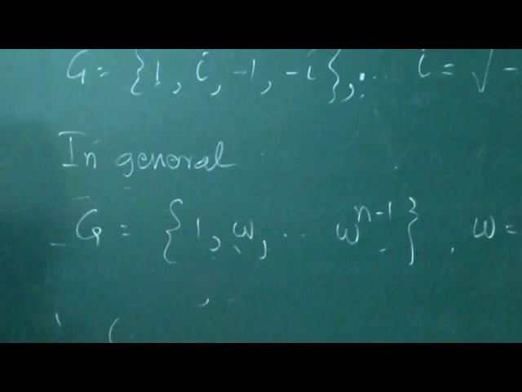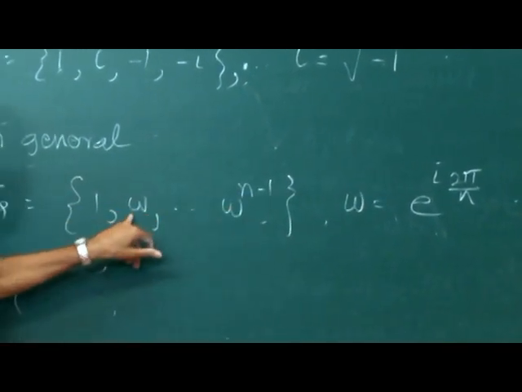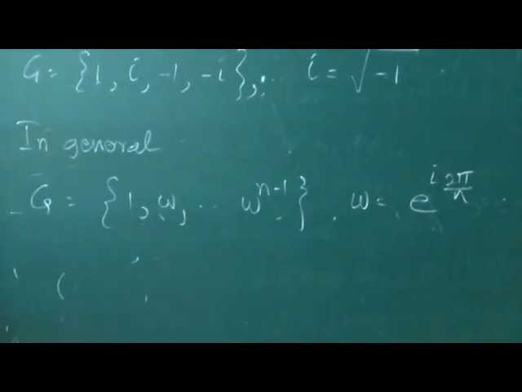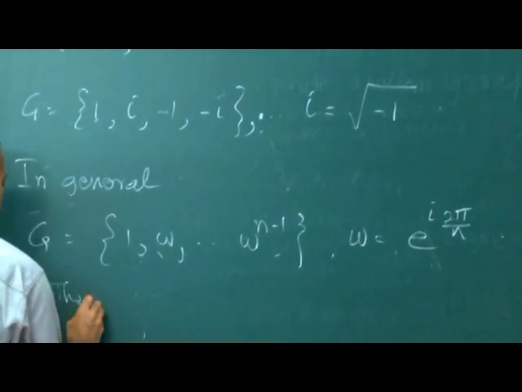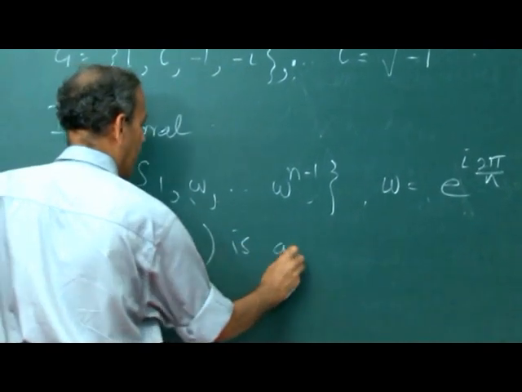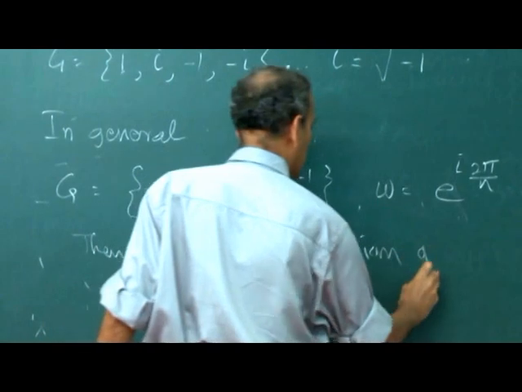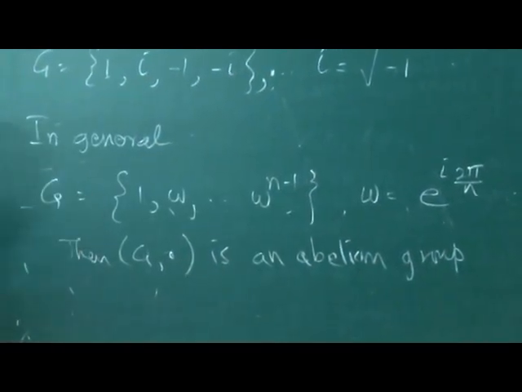Take e raised to i 2 pi by n and consider all powers of omega up to n minus 1, because omega raised to n becomes 1. Then this G under multiplication is also an abelian group. So it contains n elements.